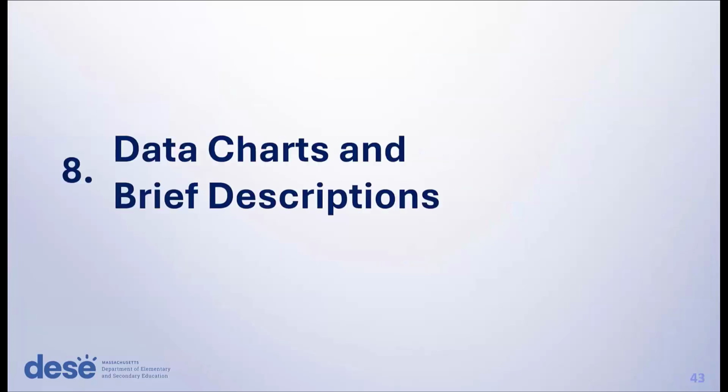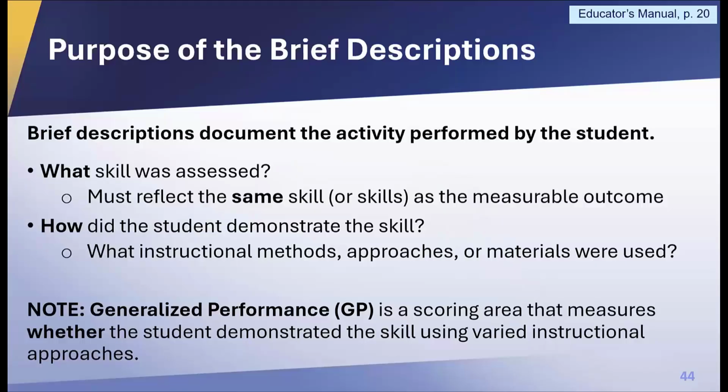So here we go. We're going to start with brief descriptions, and then we'll get to data charts. So brief descriptions you will find on a data chart. These are a way for you to tell us what's happening in your classroom. Since we are only asking for 2 pieces of evidence, we want to know on those other dates what is happening in your class.